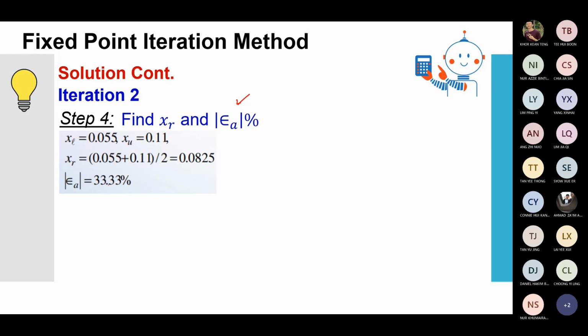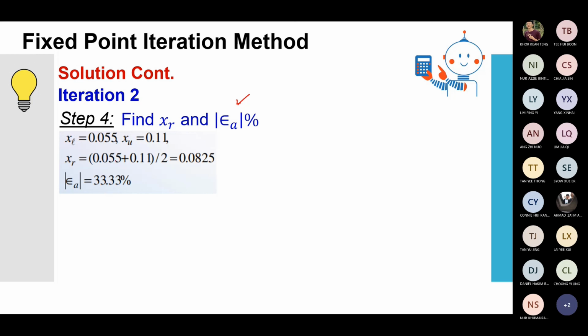If it is reduced, that shows you are approaching your exact solution in the right direction. If it is getting higher, then you are in the wrong direction. But remember, not all the time will it happen. Sometimes the approximation error will be higher in the first iteration, and after you continue the process for the second iteration, all of a sudden it will drop. It's just like that. It's a numerical method.